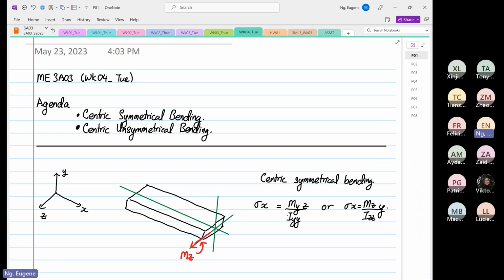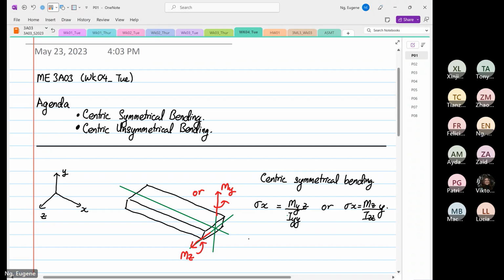Or it can be moment in Y. Again, we use the right hand rule, it'll be going down this way. So this is for centric symmetrical bending.